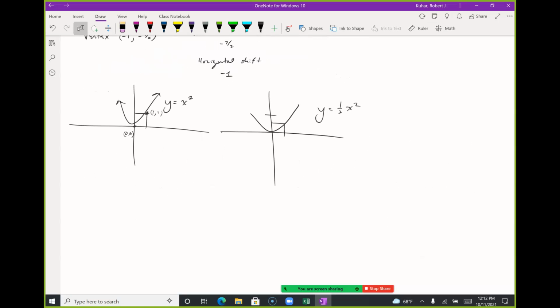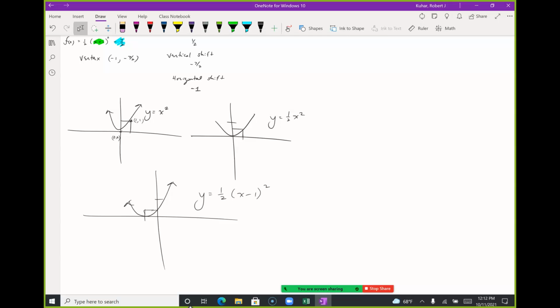And now I want to move it, right? -1 to the left. So there's my box now. So here is now y equals 1/2 x minus 1 quantity squared, right? And then finally, I want to take that whole thing and move it down 3.5, right? So there's 1, 2, 3.